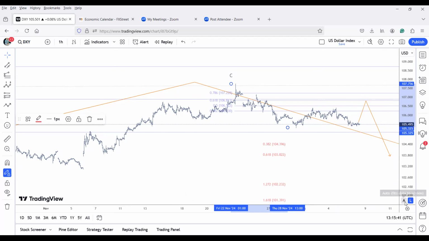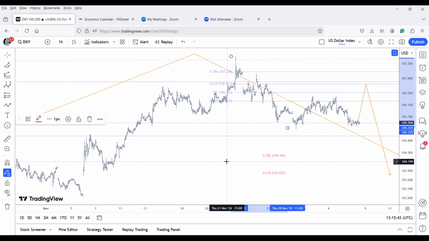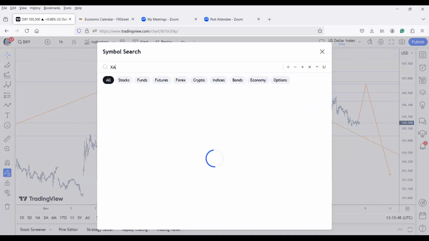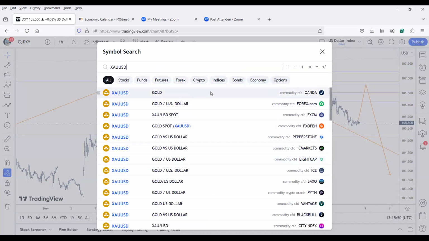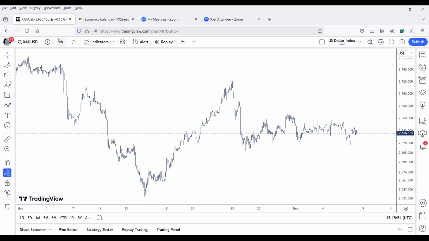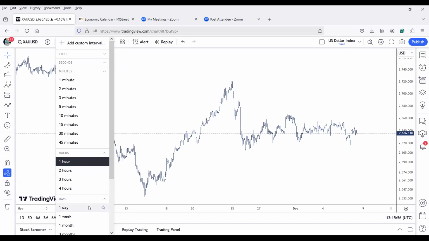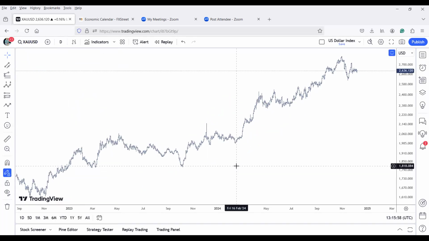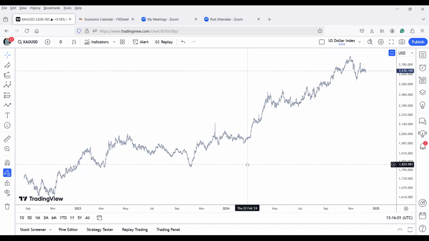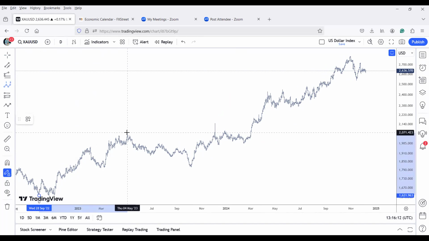All right. Let's move on to the third one, which is the yellow metal. Okay, I would like to do some periodic wave count first, as we did for the euro and the dollar index, around the same region, October, November 22.